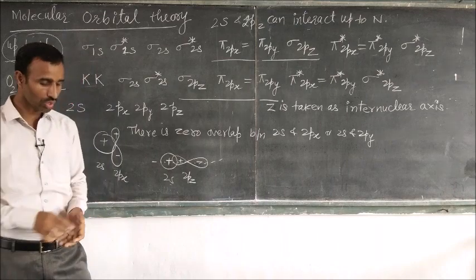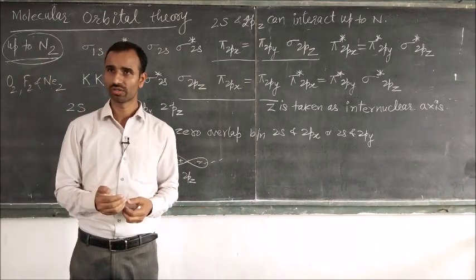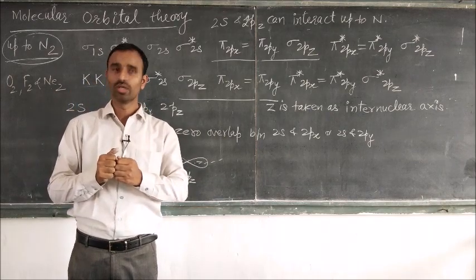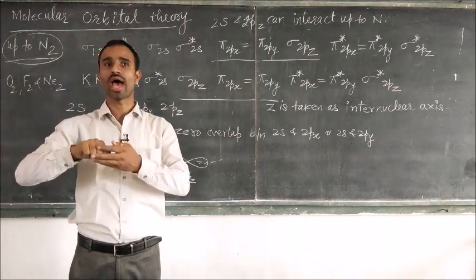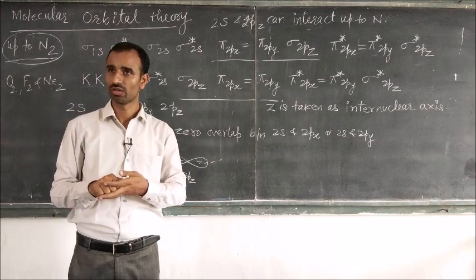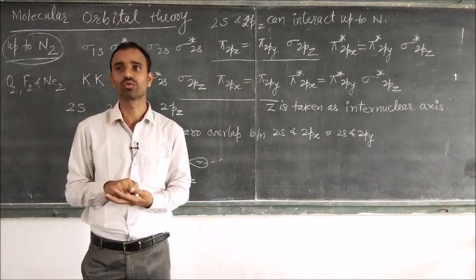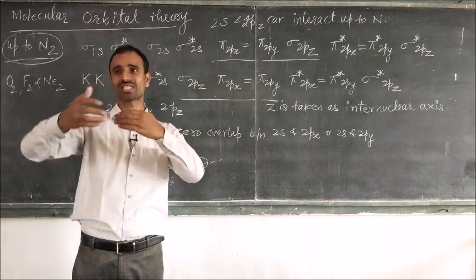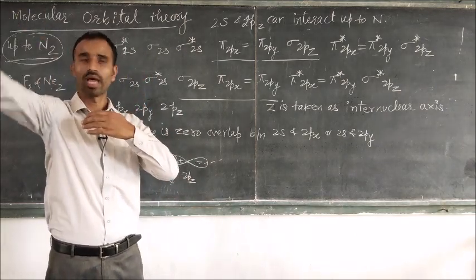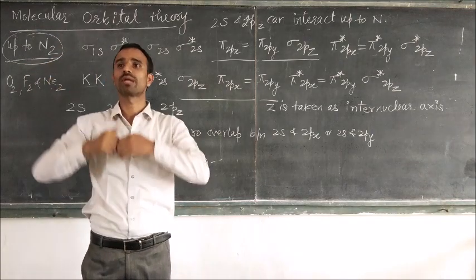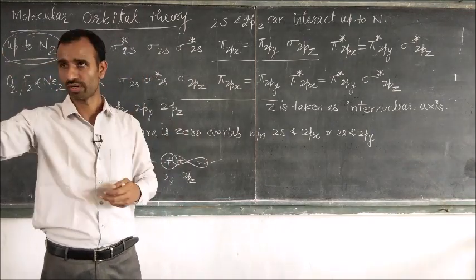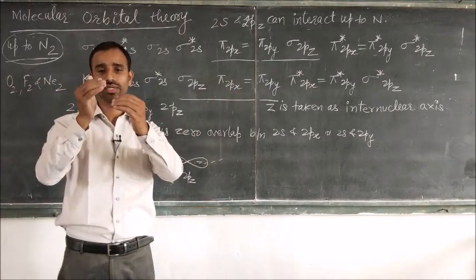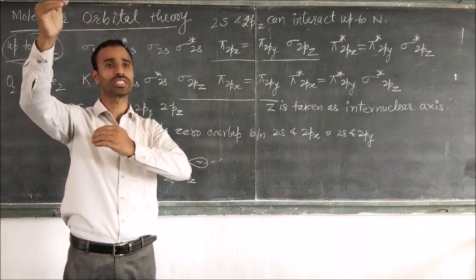Why is it so? Because when nuclear charge increases, 2s comes closer to the nucleus. 2p is not attracted as much as 2s. 2s is attracted more toward the nucleus than 2p. Clear? S, P, D, F: S is closest, then P, then D, then F. But as nuclear charge increases, the energy difference between S and P goes on increasing.